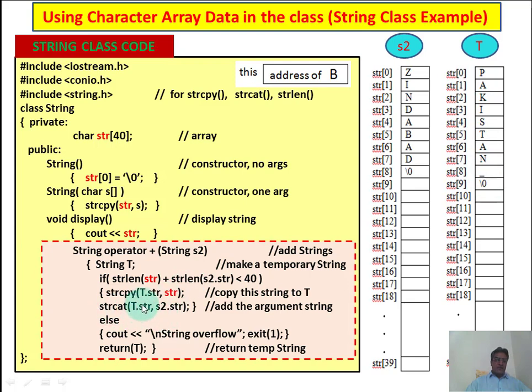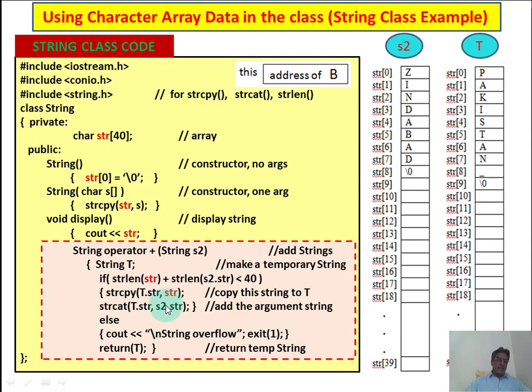It actually reads this T.str first. T.str is read, PAKISTAN and this dash, and the pointer will stay here. Actually, the computer control will stay at this str9 location, that is the null location. Then the computer will read S2.str one by one.